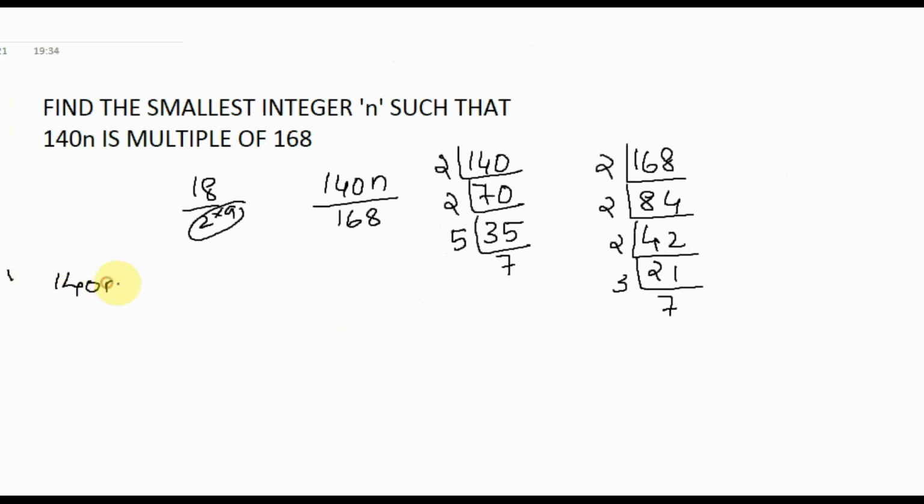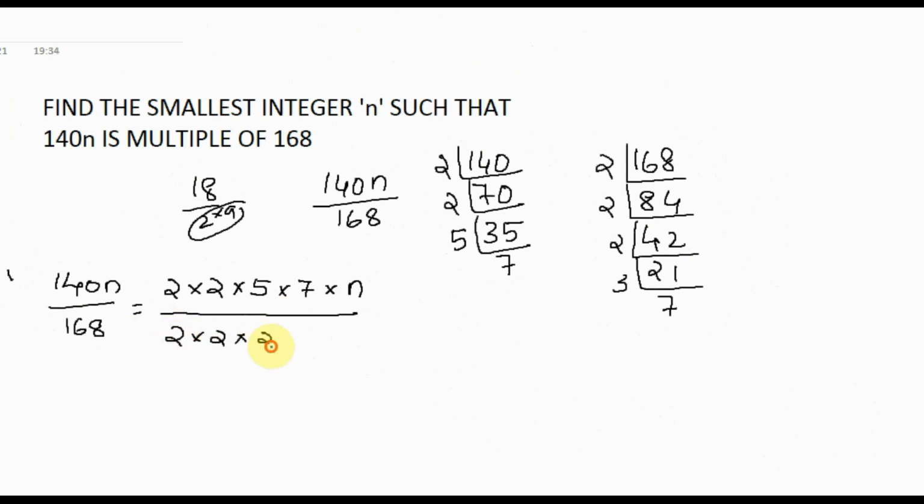So we can write 140n divided by 168. 140 we can write like 2 into 5 into 7 into n, divided by 168, which is 2 into 3 into 7.